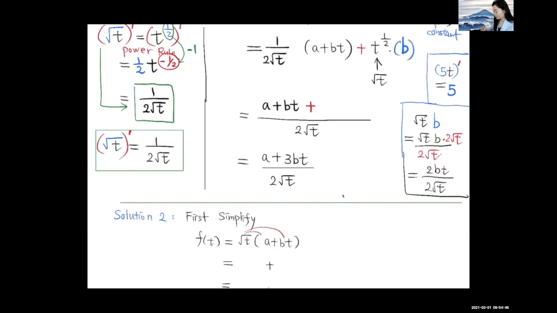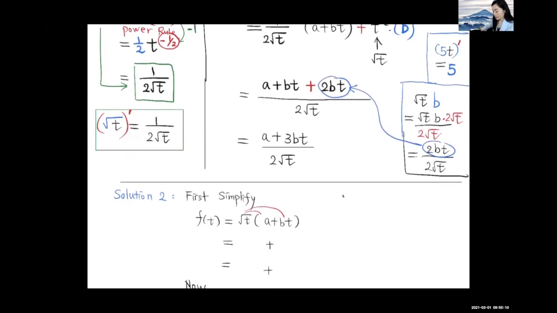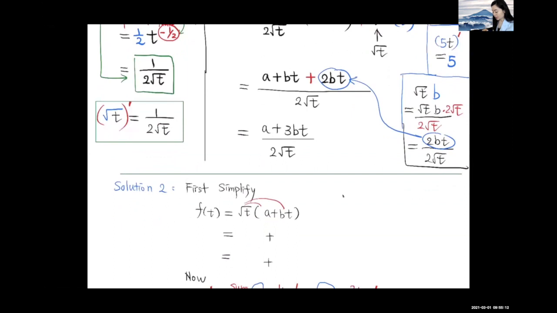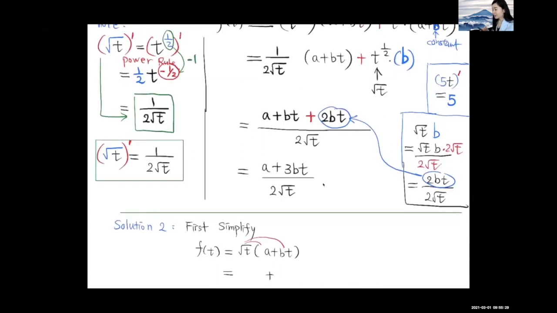So you get 2b times t over here, 2bt. Now you combine like terms, you get a plus 3bt over 2 square root of t. Okay. Any question?